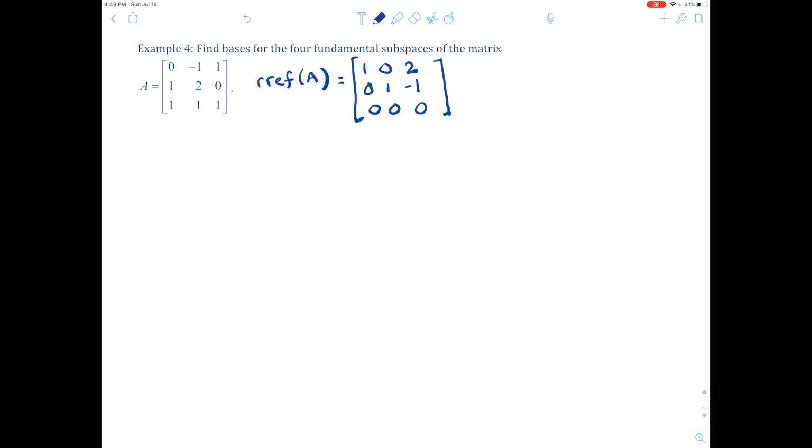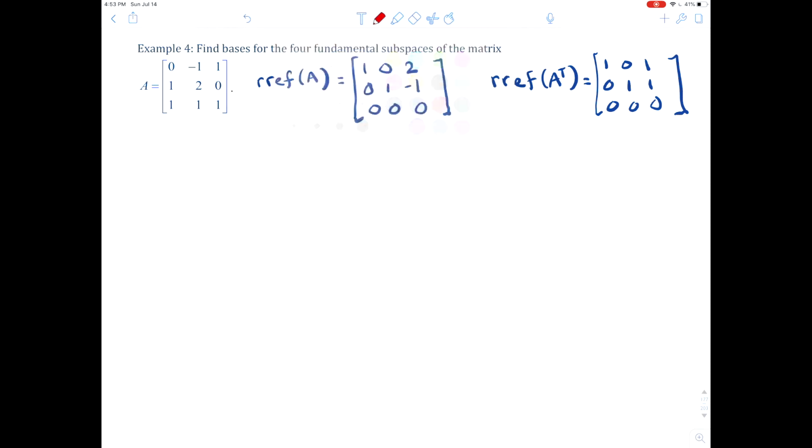And then the reduced row echelon form of A transpose, we got, okay, so what I did here is I went ahead and just found the reduced row echelon form of A and A transpose.